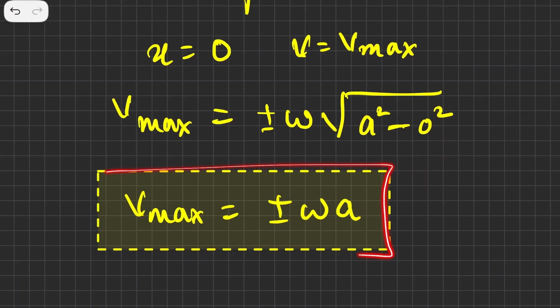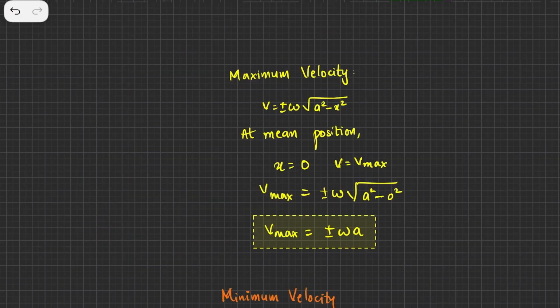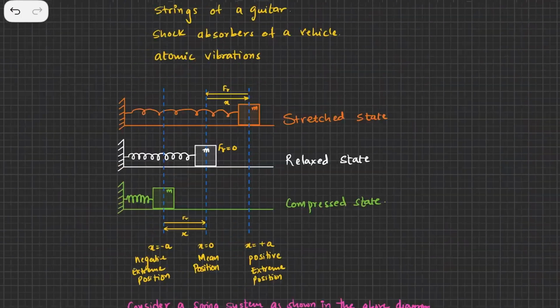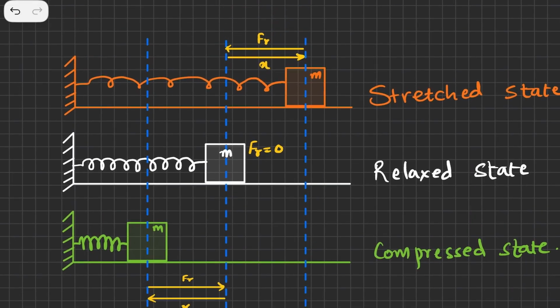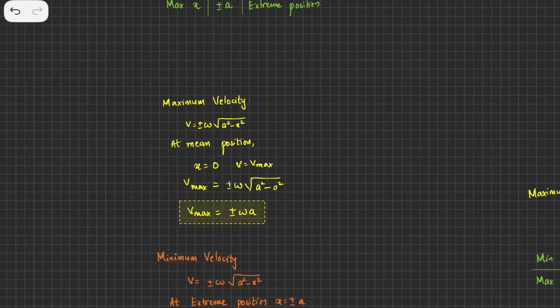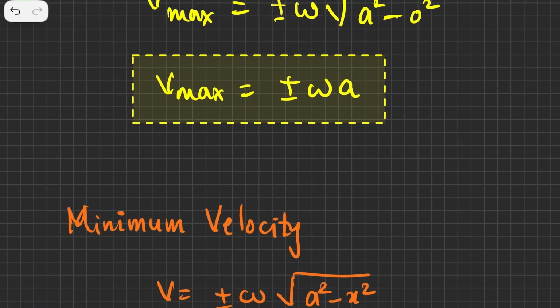So what remains is v max is plus minus omega a. It is plus minus because the block may be moving to the right, so that is plus omega a, and if the block is moving to the left, then it is minus omega a. This is the maximum velocity for an oscillating body.